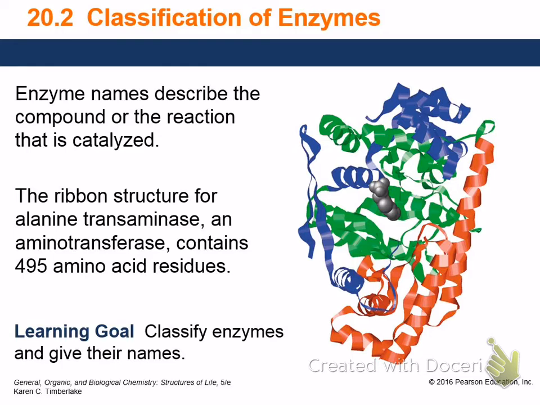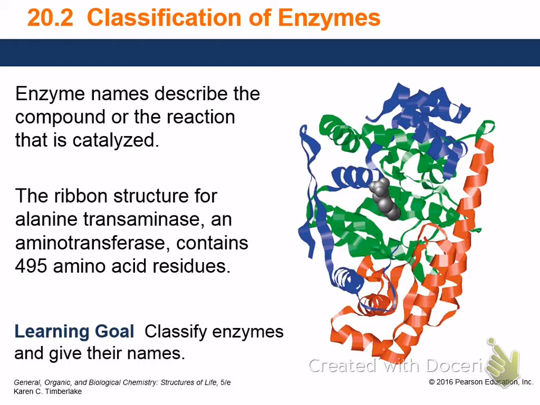So, alanine transaminase. The trans means it moves an amino group. So we'll see examples, but this is an example of a name. Alanine is the molecule it works on. Transaminase means it's moving an amine group.